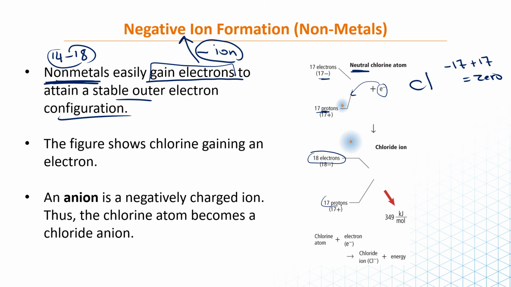And how many protons? 17. So how can we know if it is Cl minus? Just add the charges: minus 18 plus 17 equals negative 1. So it will create a negative ion, okay, or an anion.